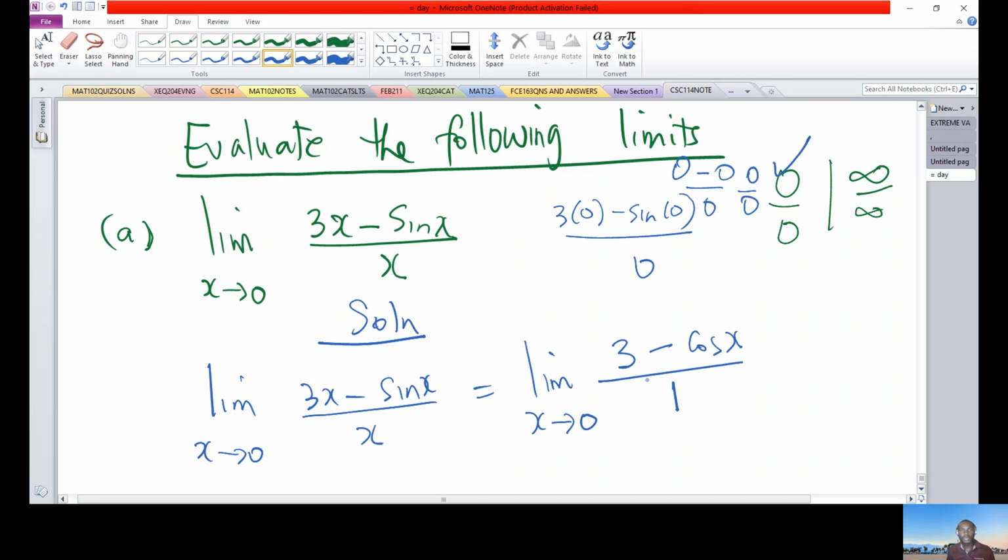Please don't confuse this with differentiation by the quotient rule. The quotient rule does not apply here.